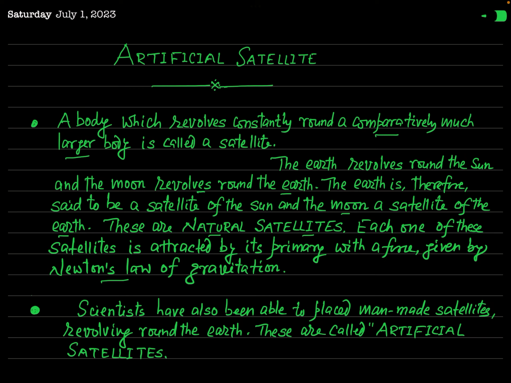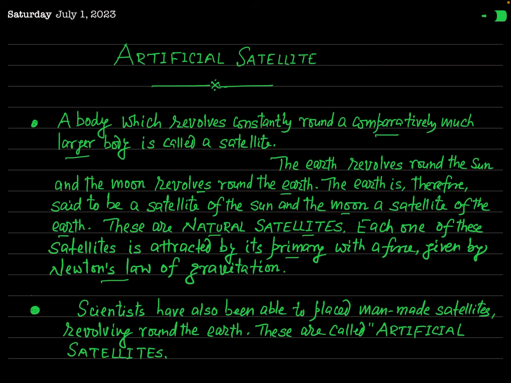I have mentioned here that each one of these satellites is attracted by its primary. In case of Earth, the primary is the Sun, and in case of Moon, the primary is Earth. So due to the attraction of the Sun, the Earth revolves around it, and due to the gravitational attraction of the Earth, the Moon revolves around it. That gravitational force is found by using the universal law of gravitation proposed by Newton.